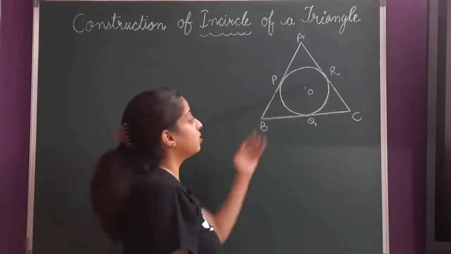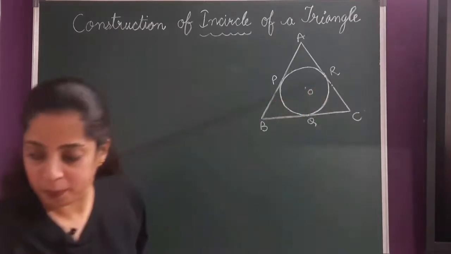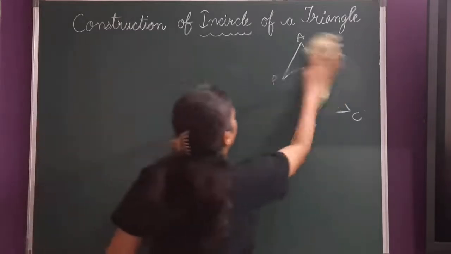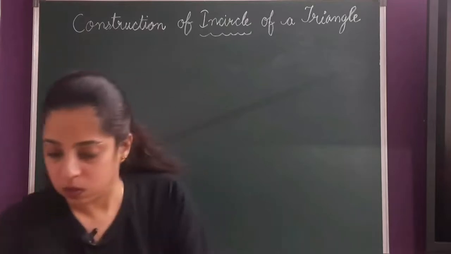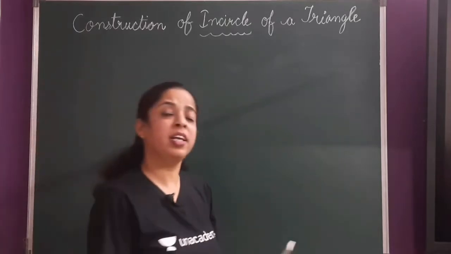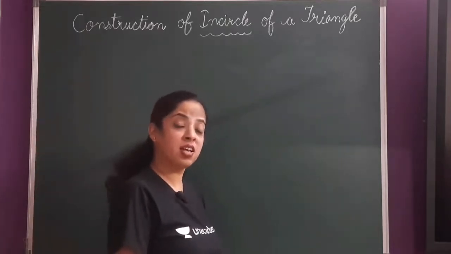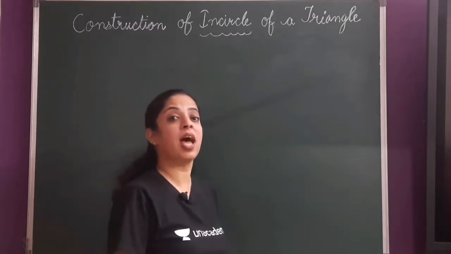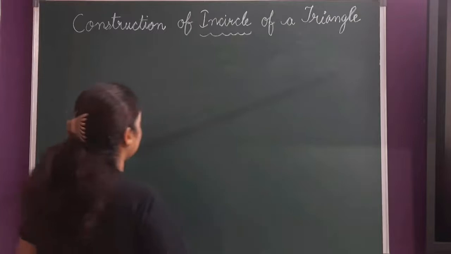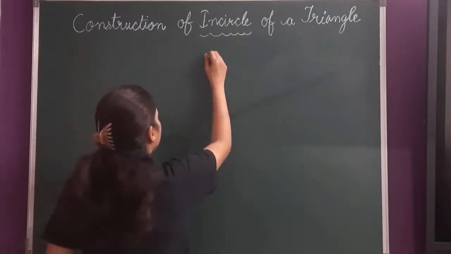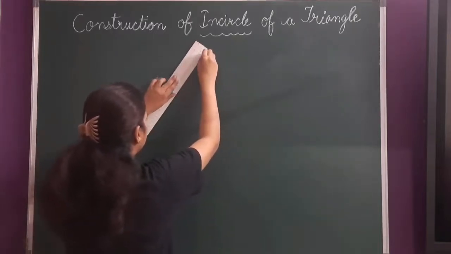So any circle that touches all the three sides of a triangle at one point each is known as incircle. Now let's construct incircle. So my dear children, for construction of incircle, first you will be given the dimensions of the triangle. I have already explained you how to construct a triangle. So I'll roughly take any triangle here.